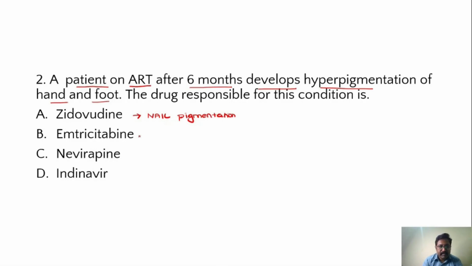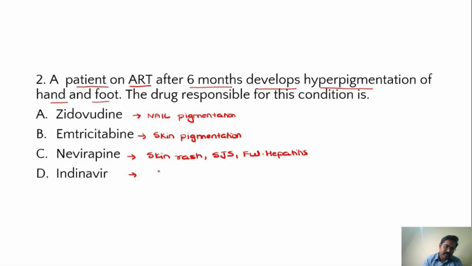Whereas emtricitabine will cause skin pigmentation. Nevirapine will cause skin rash, Steven-Johnson syndrome, as well as fulminant hepatitis.